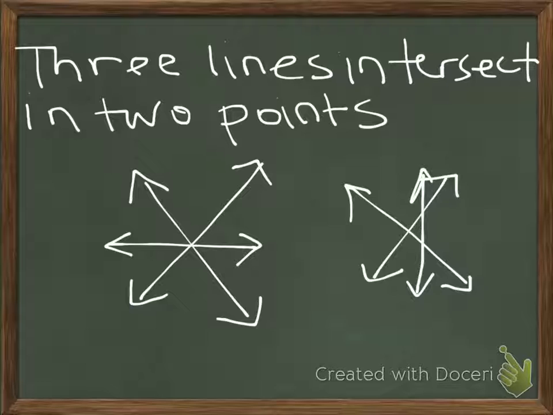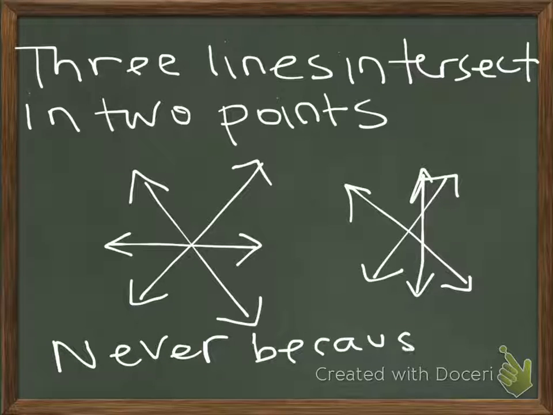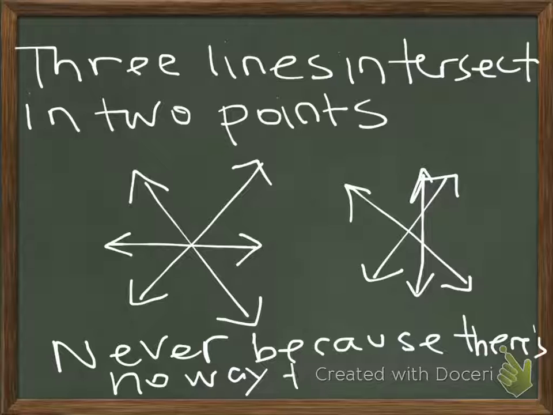No, because all 3 lines are never going to be able to intersect at 2 points. It would have to be either 1 point or like 3 points. But you would say never there. So, because there's no way to have 3 lines intersect at 2 points.